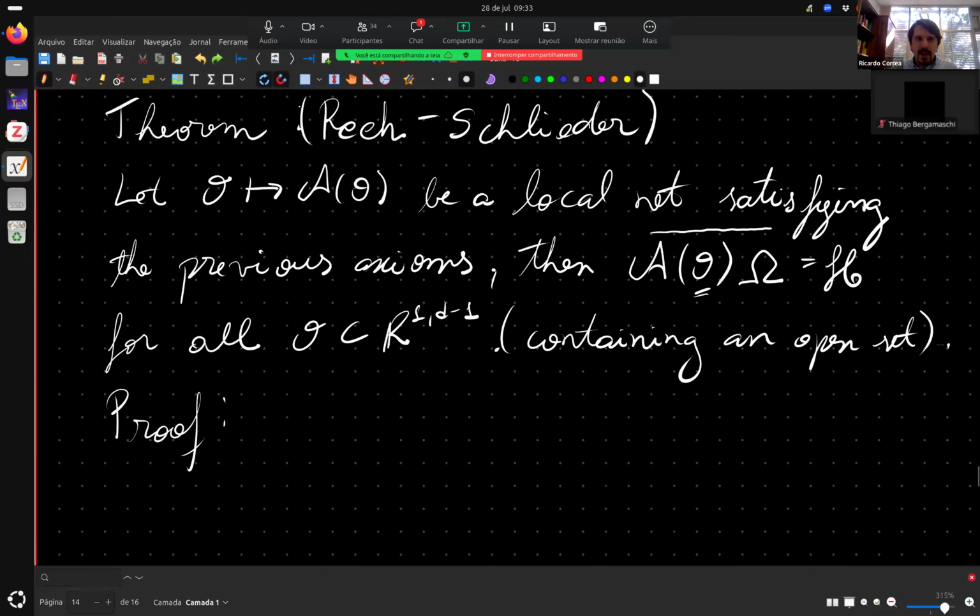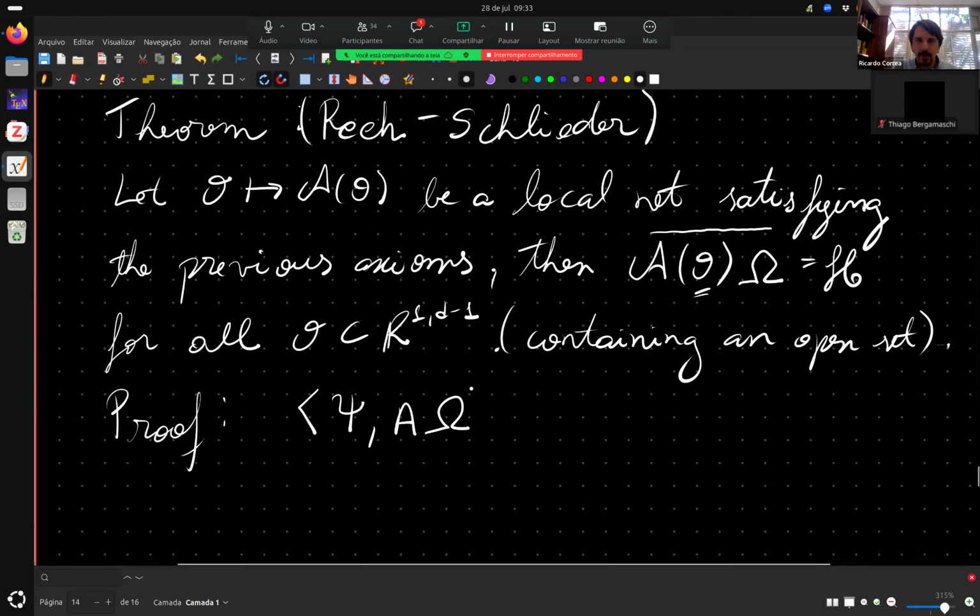Okay, so the idea of the proof: I would prove it, but it will be a bit of a sketch because of time constraints. The whole thing goes by looking at what happens if you take any vector orthogonal to the set, meaning an operator acting on the vacuum gives zero.